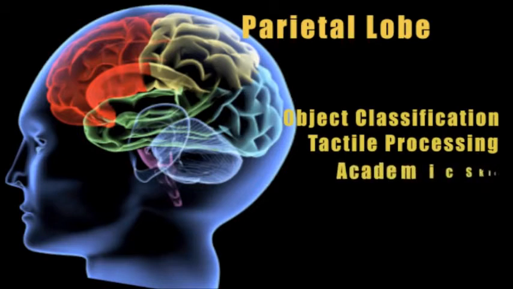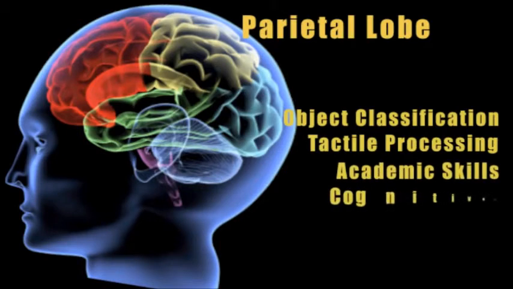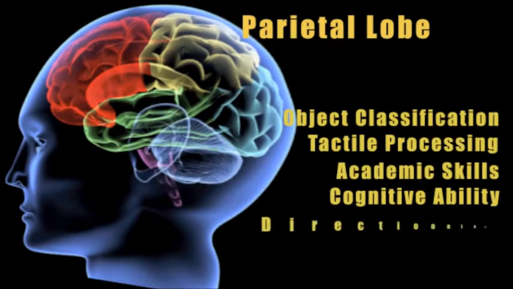You see people's academic skill sets fall, and things that they were easily able to do in the workplace or in the academic setting from a cognitive standpoint are now diminished or gone.